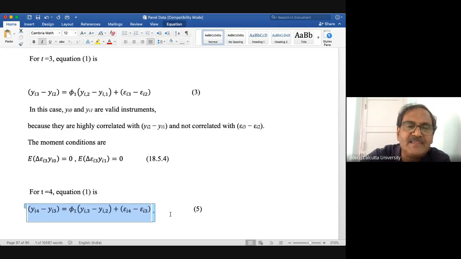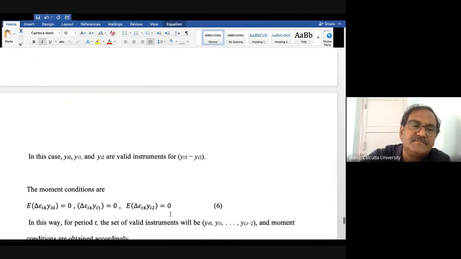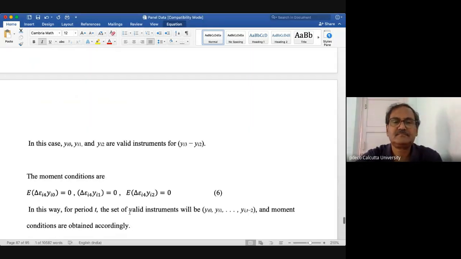So you have three moment conditions here: one relating to yi0, another relating to yi1, and a third one relating to yi2.